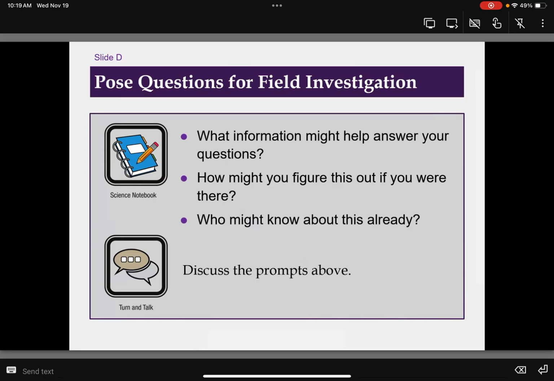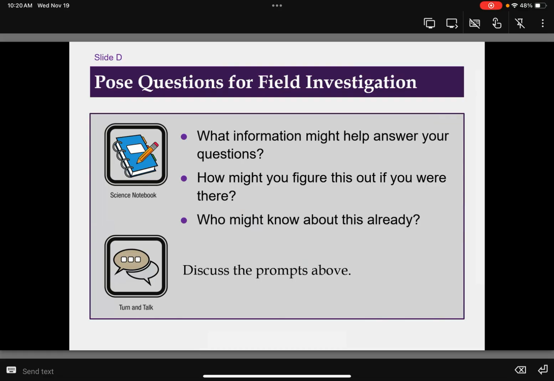Okay. So what information might help us answer our questions? I know every table had probably some of the same questions, but you all told me different things. What is some information that might help us answer the questions we had about what was happening at the glacier? Table 5, give me something. Teachers that know about it, scientists.